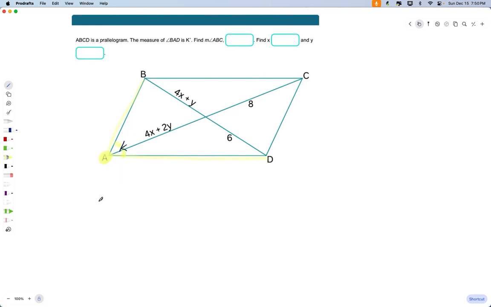So the measure of angle BAD plus the measure of angle, if you look here, ABC, that's the other side, has to equal 180 degrees. It says the measure of angle BAD is K.